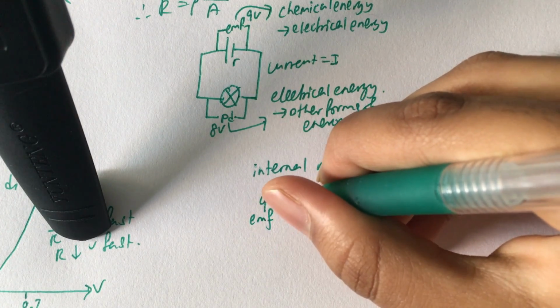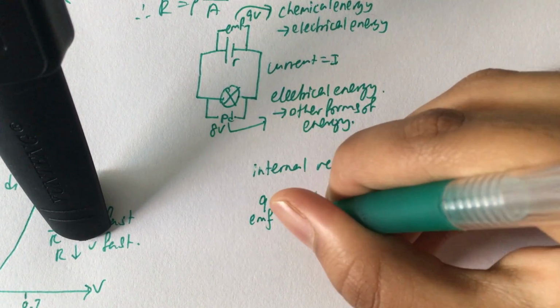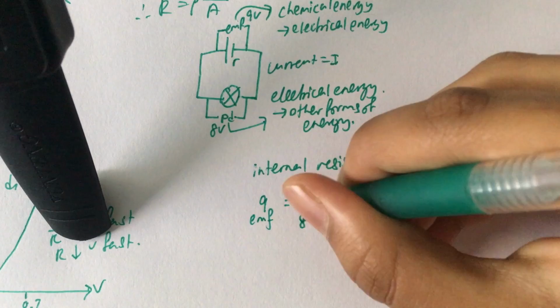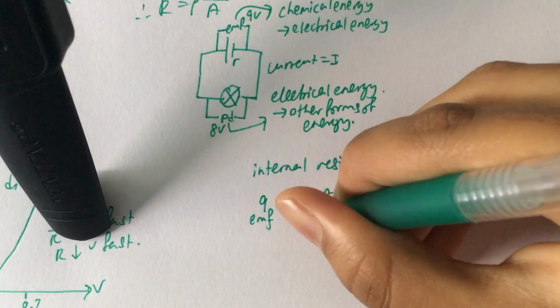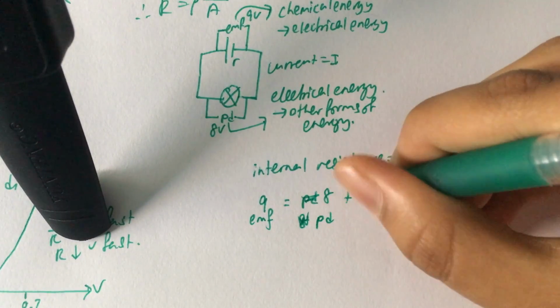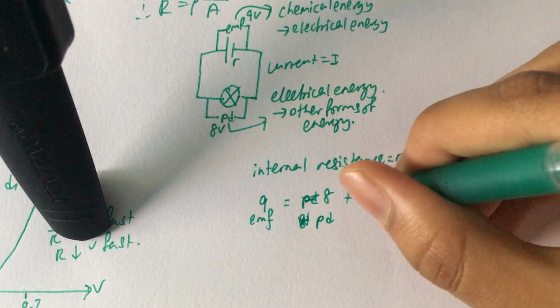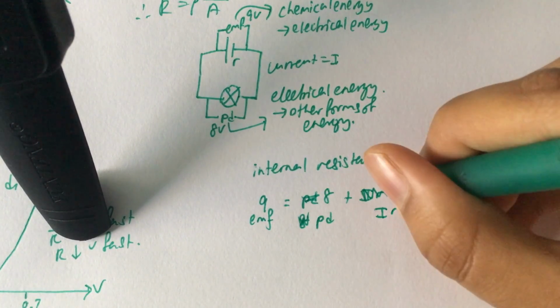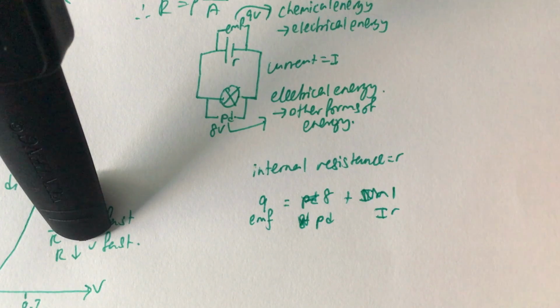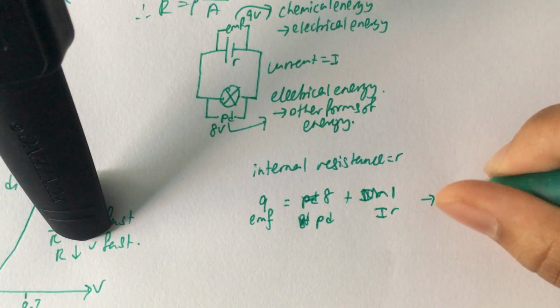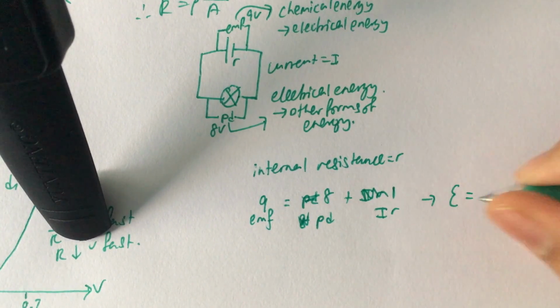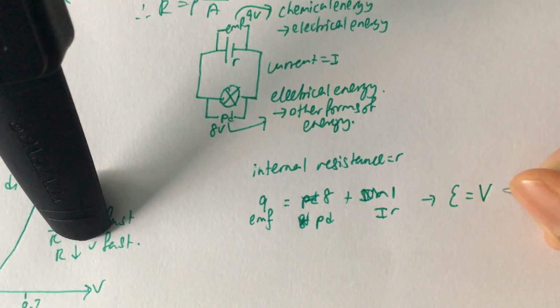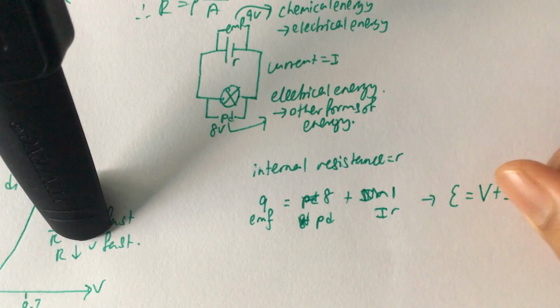And so the terminal potential difference would be what you get across the battery. If you think about the circuit, you draw the battery and a light bulb, and you say the battery is 9 volts, but the potential difference across the light bulb is 8.